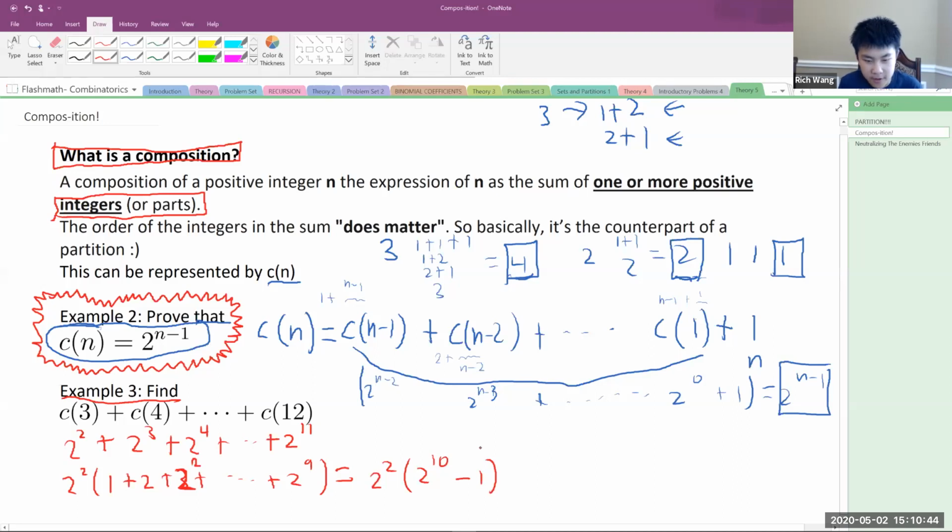Woohoo! And since we've all memorized what 2 to the 10 is, right, guys? We know that this is equal to 4 times 1023, which is equal to 4092. Woohoo! Hopefully that made sense.